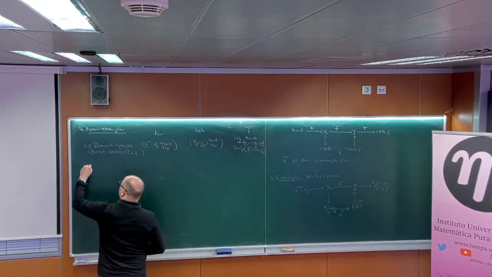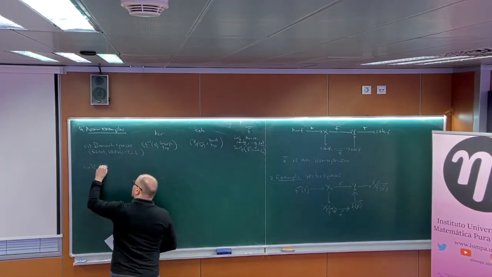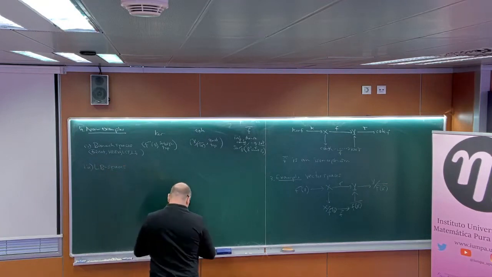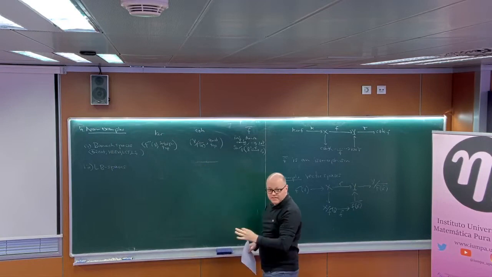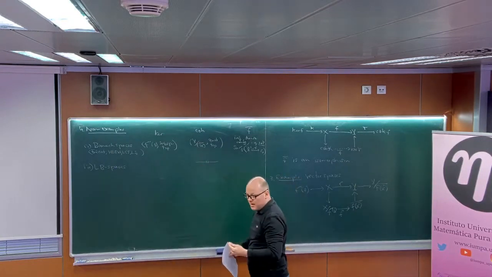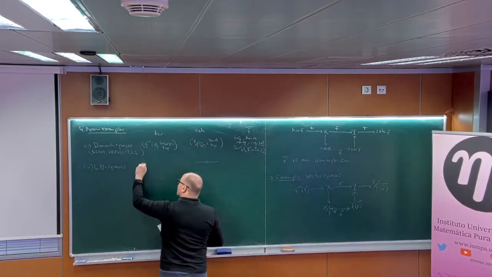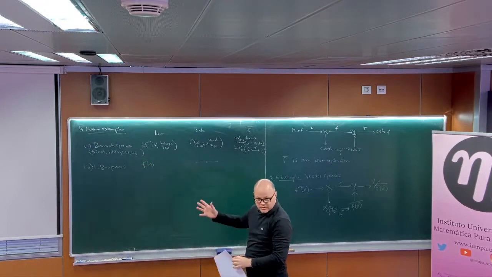Okay. The second class of non-examples, LB spaces. So let's go first here. Here things go well, because that thing is again an LB space. But here things can go wrong. So as a vector space, this needs again to be this one here.